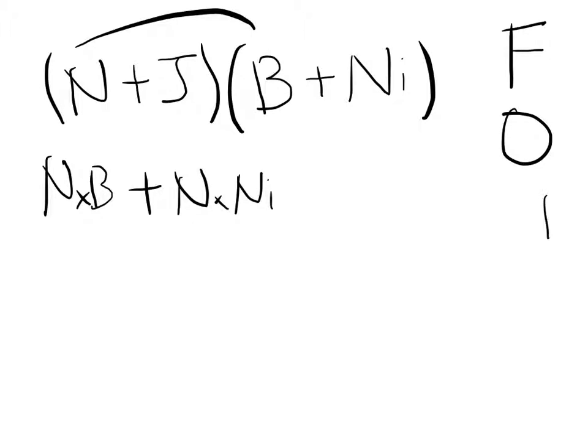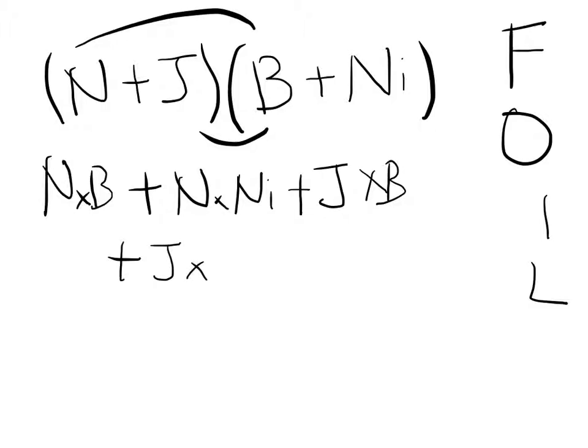Then the inside pair of Jordan times Bonnie, and then the last pair of Jordan and Niku. So we're making sure that each one in each bracket is multiplied by both of the ones in the other bracket.